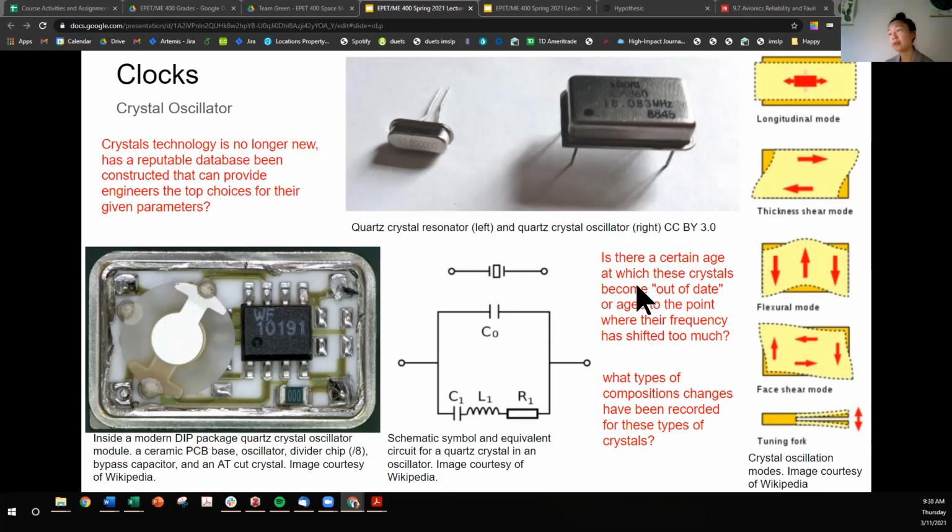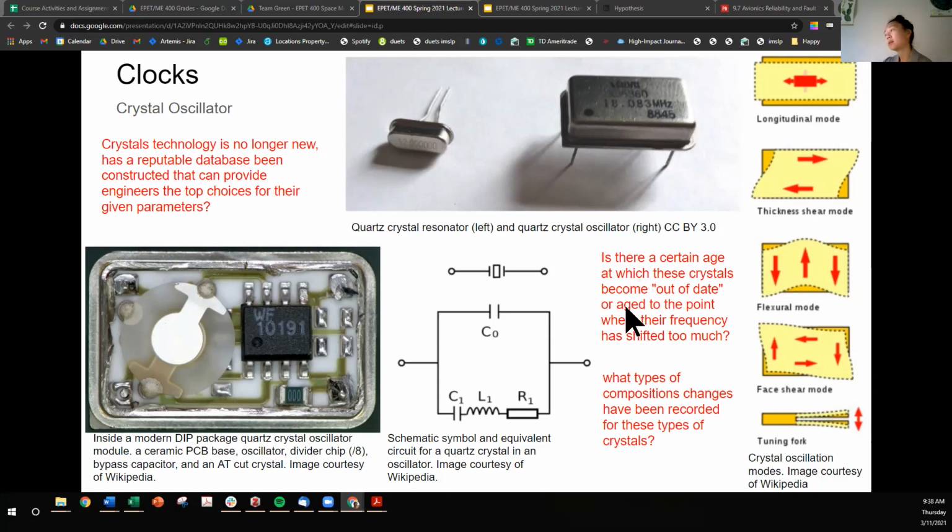The crystal itself, there was discussion about material outgassing and how the material itself can change, but also structurally, maybe the components within the chip itself fatigue and experience hysteresis, which is some change in the material that changes its mechanical properties in a way of like creep.